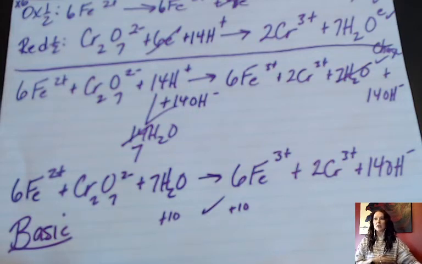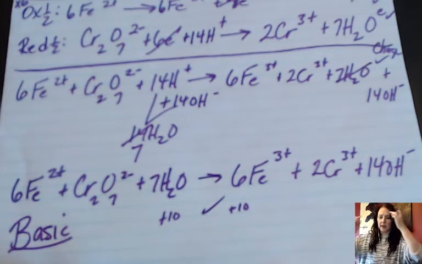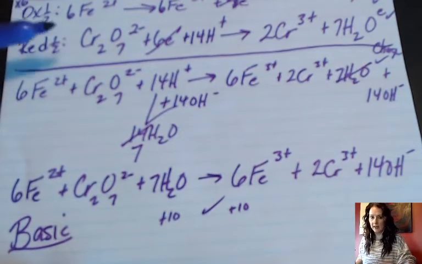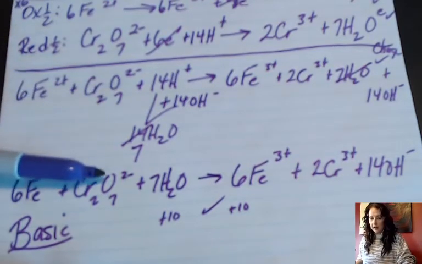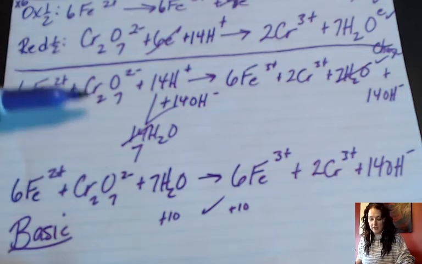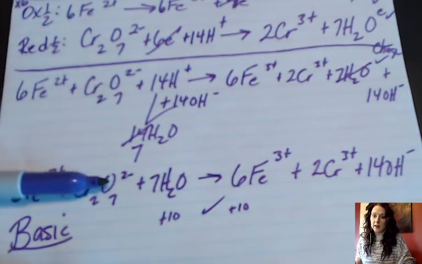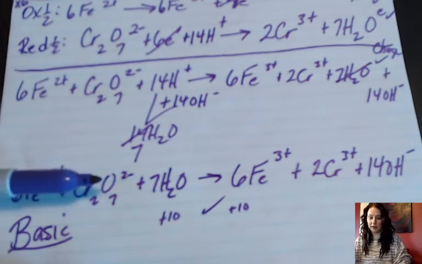Now, if by some chance you didn't get the charge to work out, some common things you're going to want to look for, common areas where you might make a mistake. Check to see that you're writing down the charges correctly as you're writing everything on a new line. So Cr2O7 2 minus, maybe you wrote a 1 minus here instead of a 2 minus.